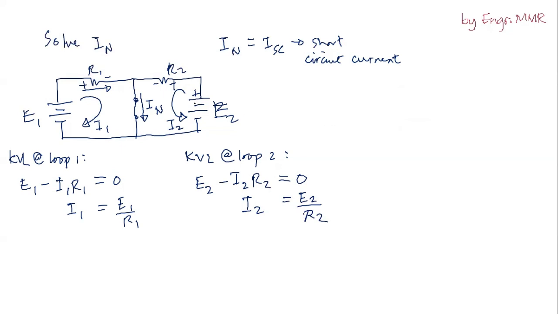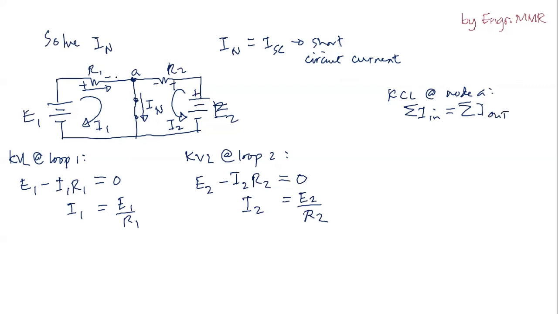Now, what is IN? At node A, we apply KCL. Recall that KCL says the current entering is equal to the current leaving.